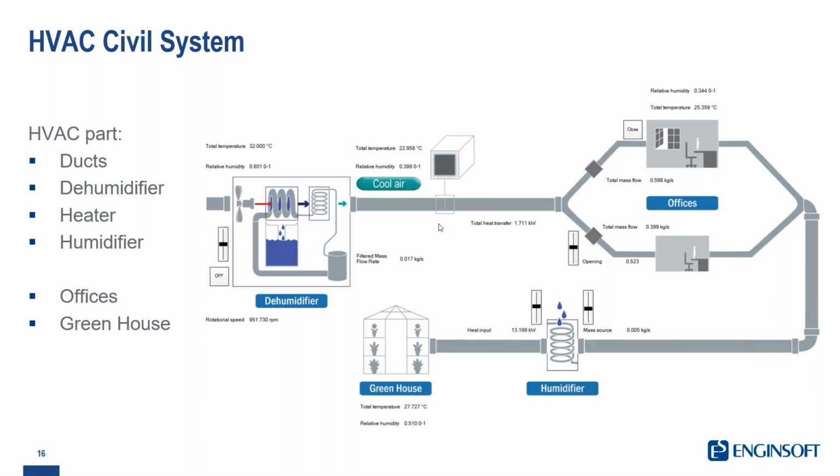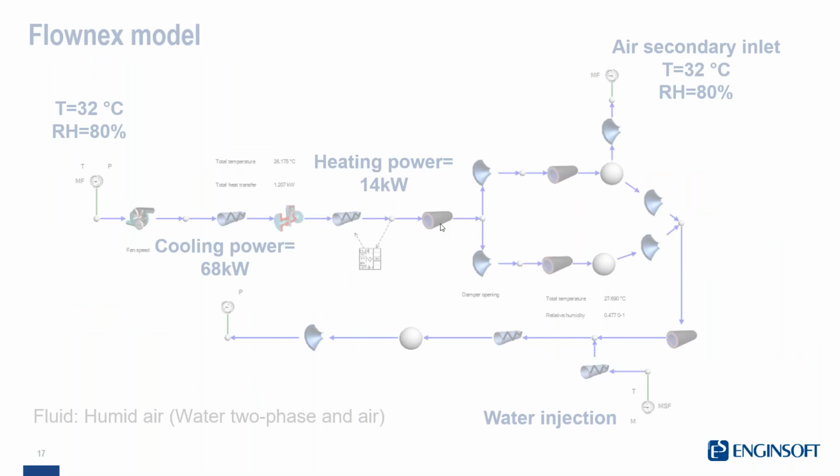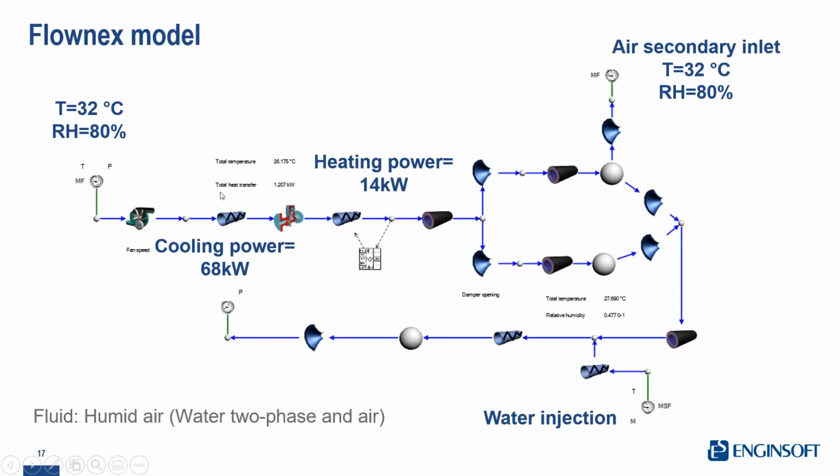So let's see how we can simulate these two aspects. First, the dehumidifying process. You start from the temperature, for example, external air at about 32 degrees and 80% relative humidity, and then you have a cooling power.